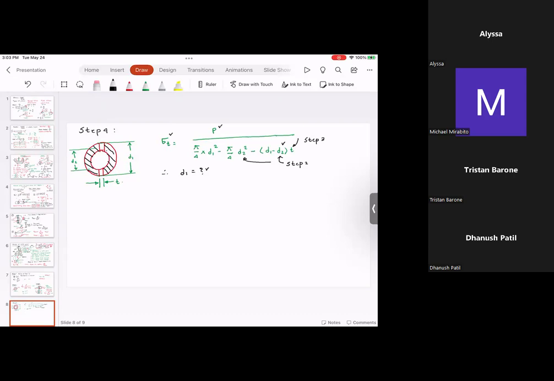Next step, which is step 5. Which is, so this is the socket, tensile failure. Step 5 is Cotter shear failure.